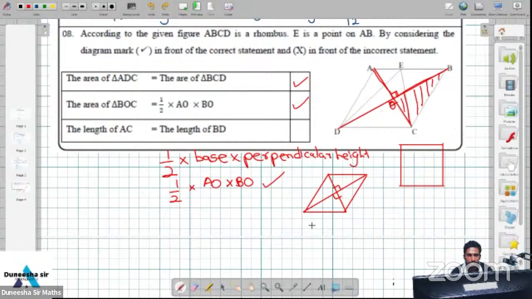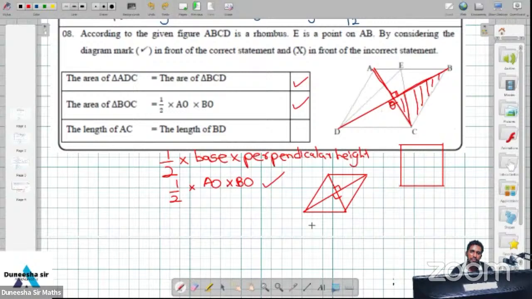Okay. Length of AC equal to length of BD. Is it? Length of AC equal to length of BD.